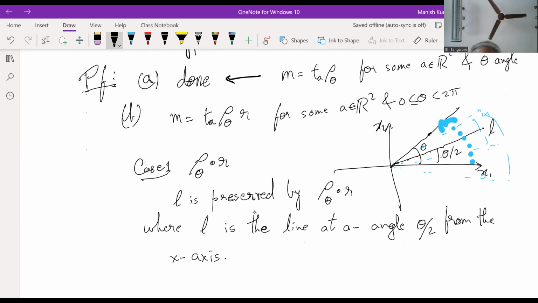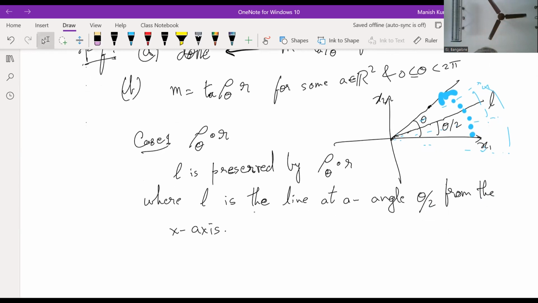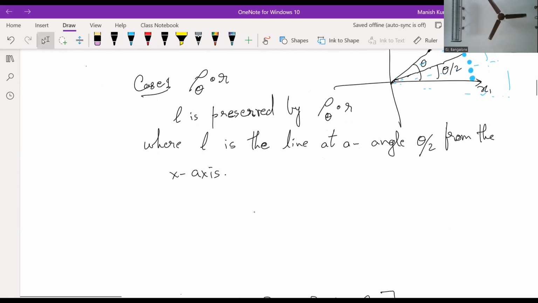Is that okay? So if we operate, this means rho theta composed with reflection along the x1 axis is the same as reflecting the plane along some other line L, which is this line. Now let's do the general case.